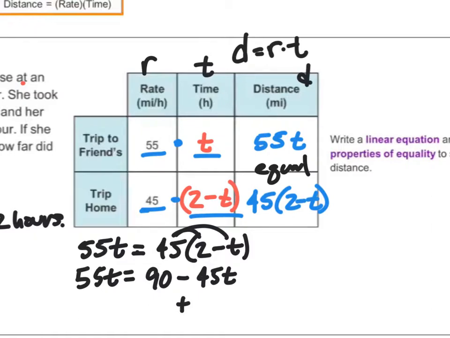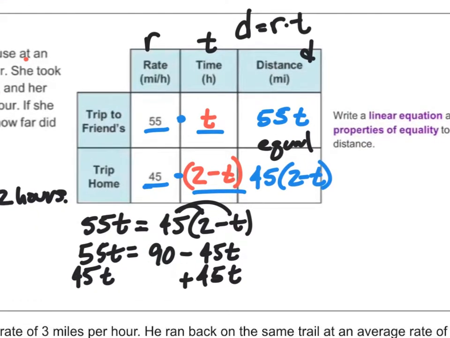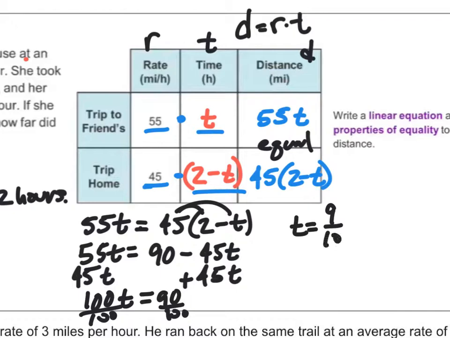I'm going to add 45t to both sides, and that's going to give me 100t, and that's going to equal 90, all right? So then if I divide by 100 on both sides, I end up getting that t is equal to 9 out of 10, which is 90 out of 100, which is equal to 0.9, and this is 0.9 hours, okay?